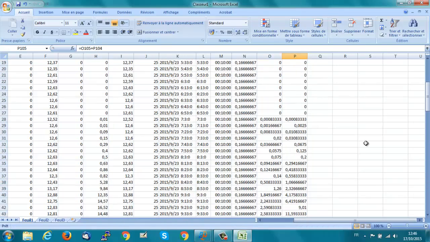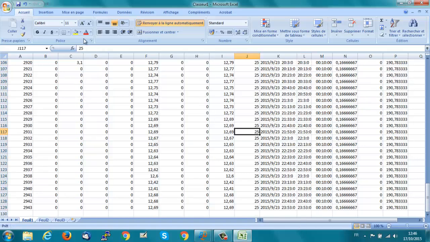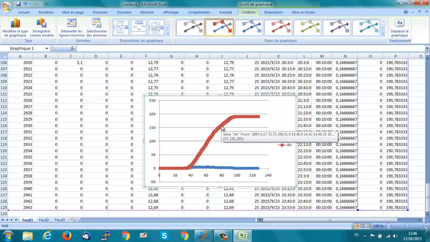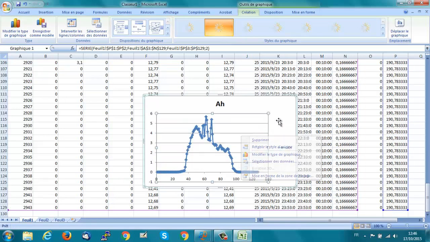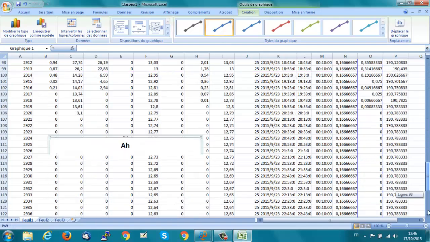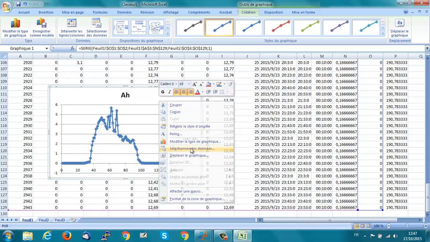So what we can see here, we reached 190 amp hours. Now it's getting a little fast, but you can see it on the right, 190. That's it. So this is accumulated amp hours. So I need to remove that. And what we are seeing here is basically what happened with the amperes.